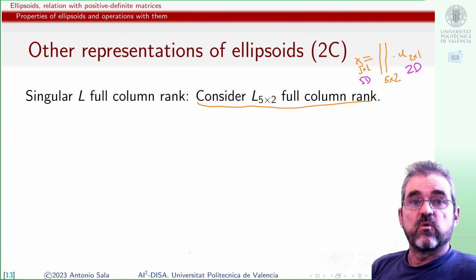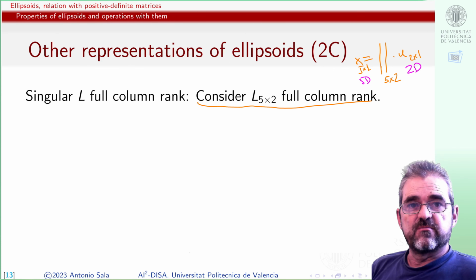Then whatever I do, it will not increase the volume. My planar figure had 0 volume, and whatever linear transformation I do to it, it will still have 0 volume. So it will be a degenerate ellipsoid, but nevertheless we will be able to go on with the same formula.